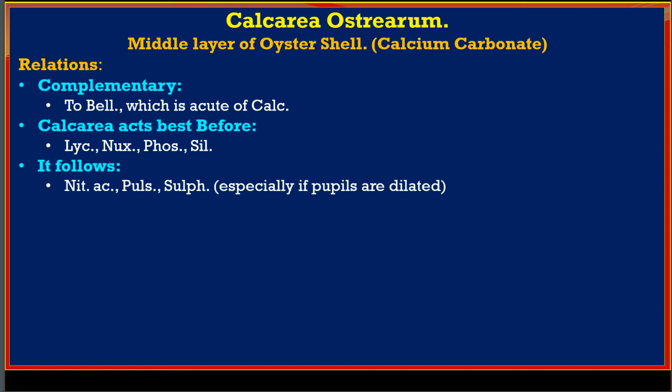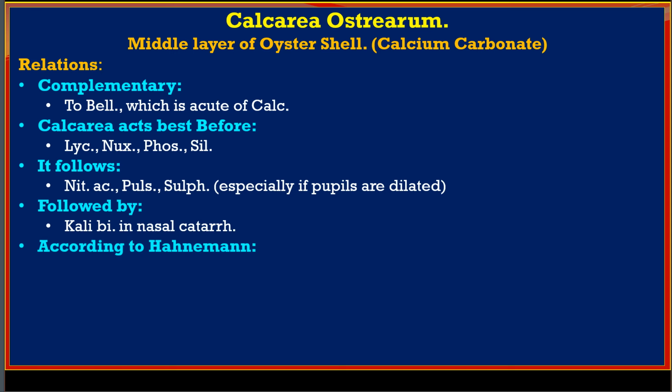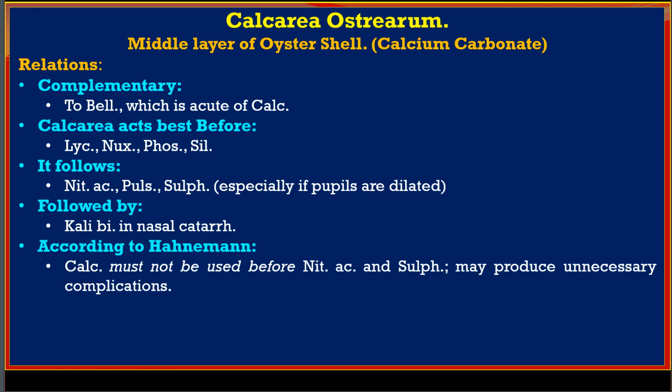It follows Nitric acid, Pulsatilla and Sulphur, especially if the pupils are dilated. It is followed by Kali bichromicum in nasal catarrh. And according to Hahnemann, Calcarea must not be used before Nitric acid and Sulphur, may produce unnecessary complications.